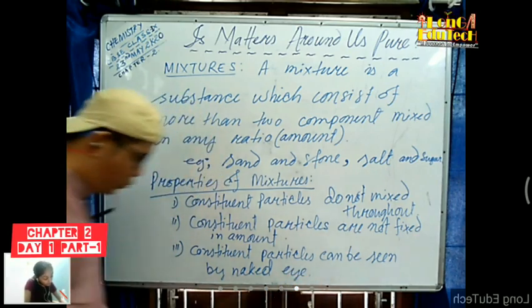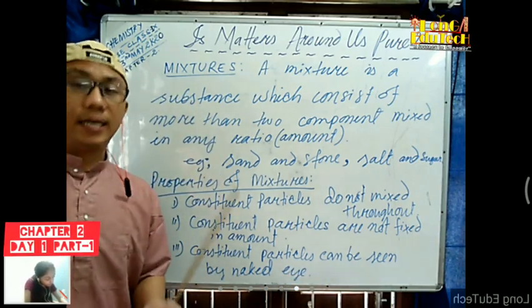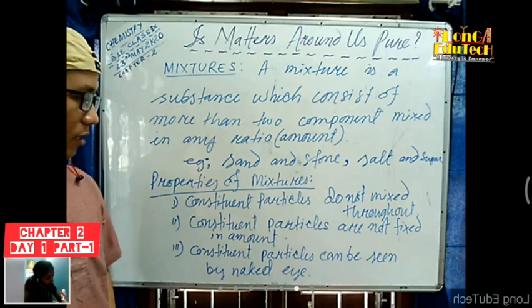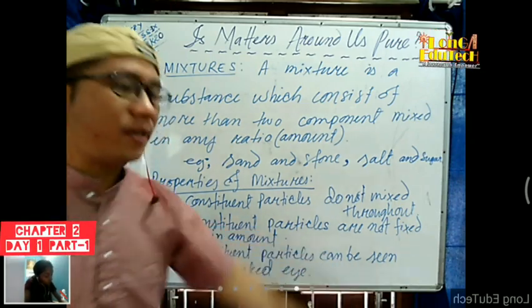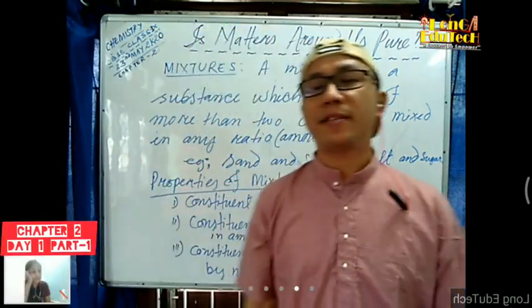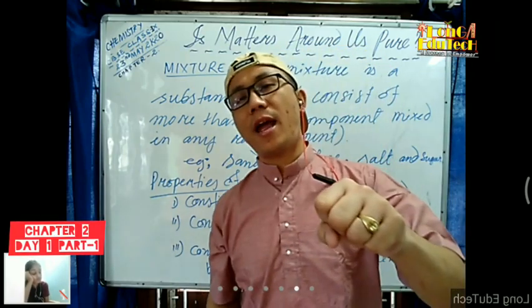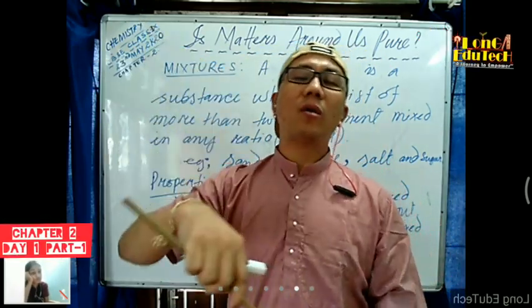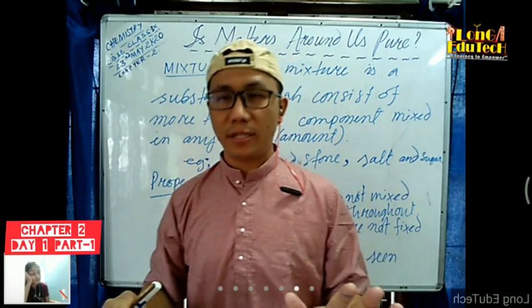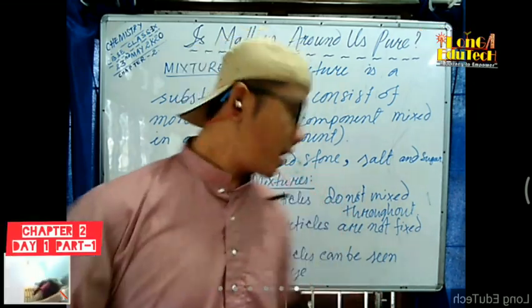Okay, the constituent particles we can see. So why do I write "can be"? Because some substances we cannot see, for example when we mix water and alcohol, we will not see them separately, right? So that's why I write here "can be seen".